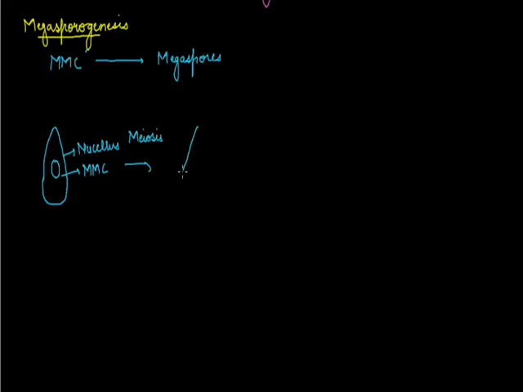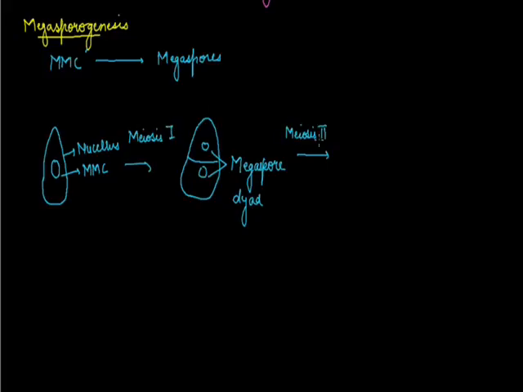First we will explain the diagram. Two cells are formed, known as the megaspore diad. Then after meiosis first, it undergoes meiosis second, and megaspore tetrads are formed.